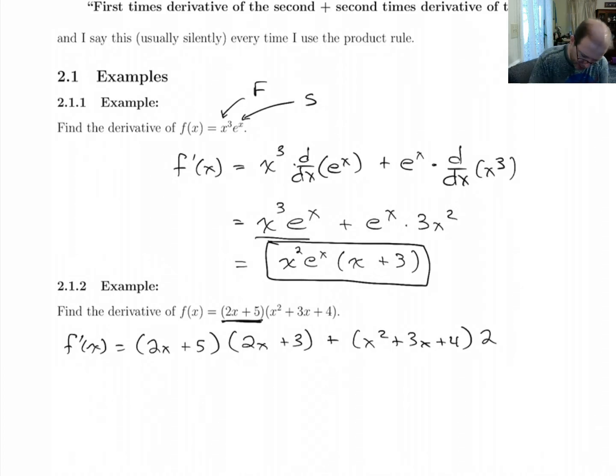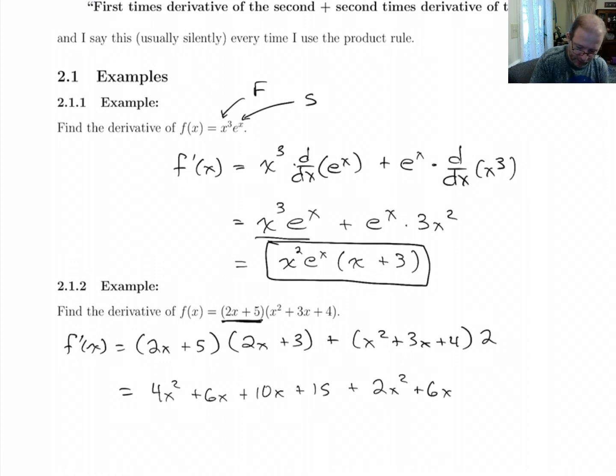Let's multiply this out and combine like terms. I'm going to get 4x squared. Outside gives me 6x. Inside gives me 10x. And last gives me 15. Plus 2x squared plus 6x plus 8.